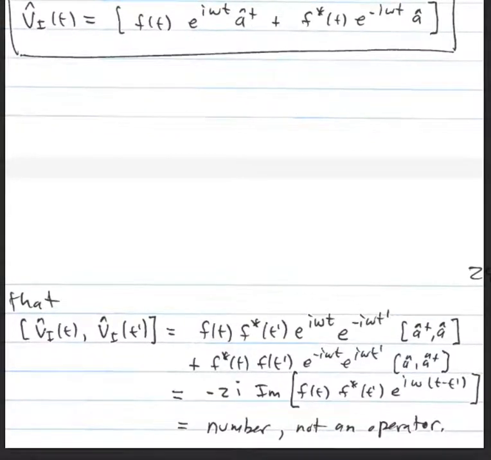So when we work out the full expression, we'll get an f of t times an f star of t prime, e to the i omega t e to the minus i omega t prime, commutator of a dagger with a. And then the second term will be plus f star of t, f of t prime, e to the minus i omega t, e to the i omega t prime, times the commutator of a with a dagger. We drop the terms that involve the commutator of a dagger with a dagger and a with a.